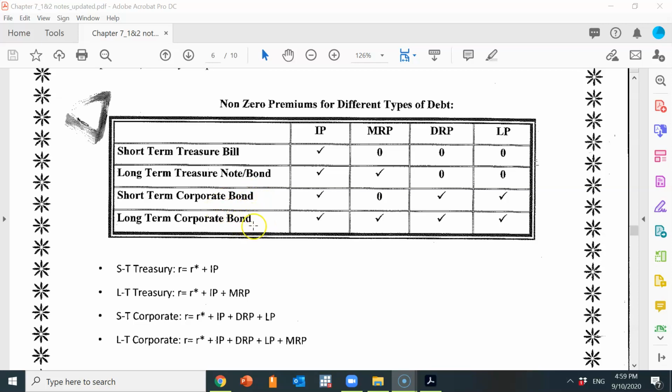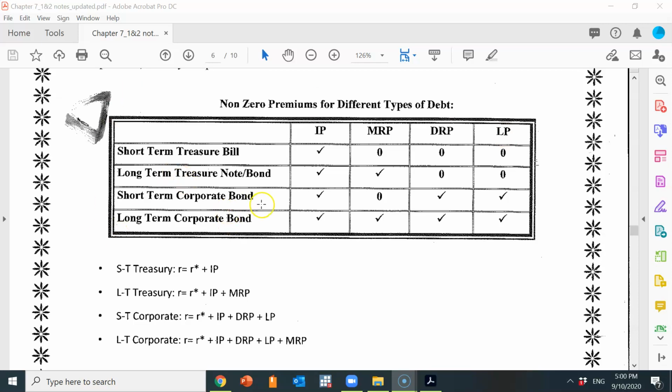For treasury bond, no matter if it's a short-term treasury bill or long-term treasury bond, because it's backed by the government, usually we assume that it has 0 default risk premium. You don't have to worry about not getting your interest. And we assume it has 0 liquidity premium because usually these treasury bonds, no matter if short-term or long-term, are very popular in the market. It's easy to find buyers to trade into cash.